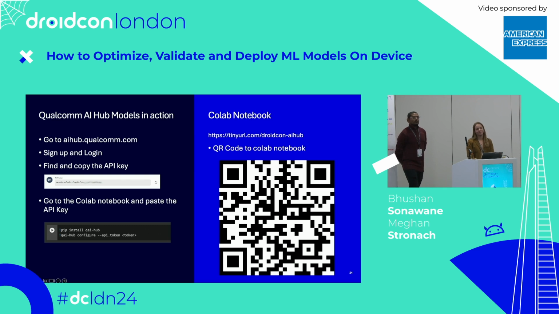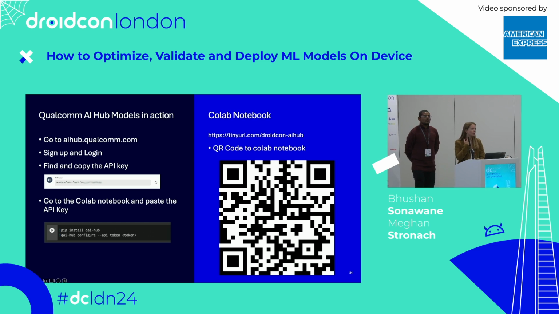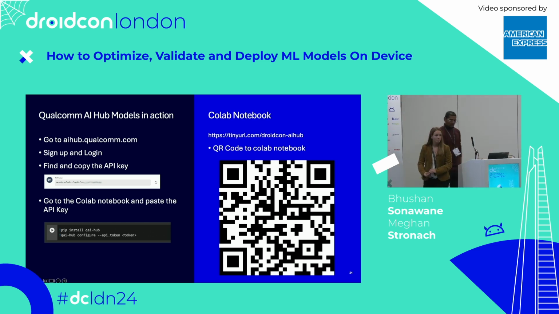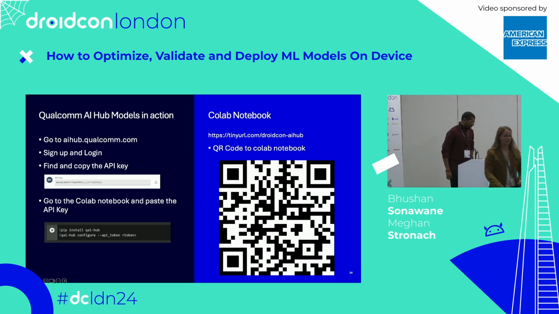Hi, not a question about the Qualcomm AI Hub itself, but about the Colab link I was trying to access. Are you experiencing issues? Yes, trying it says access denied. We need permissions, I guess. Let me take a look. Probably it says not open yet.